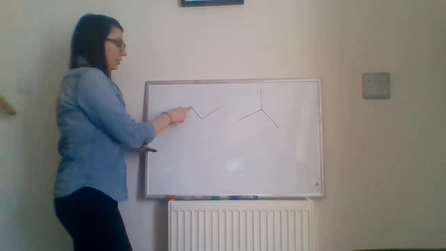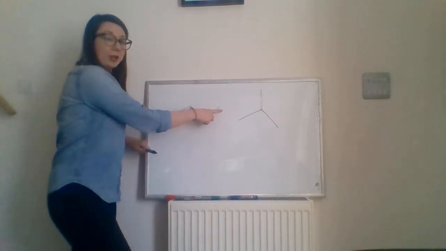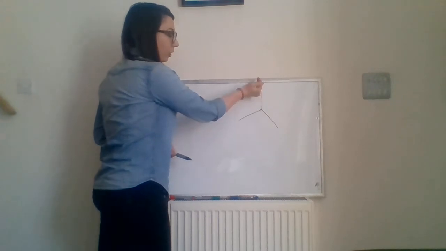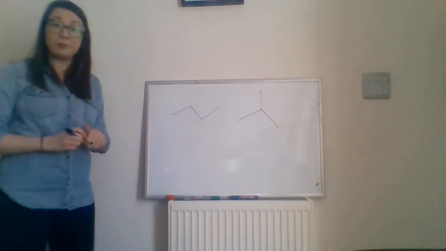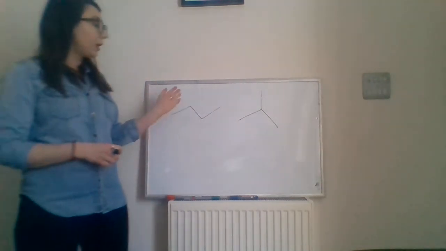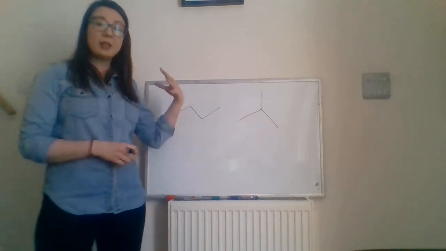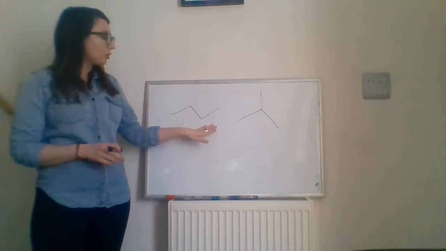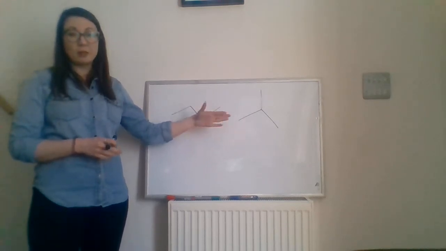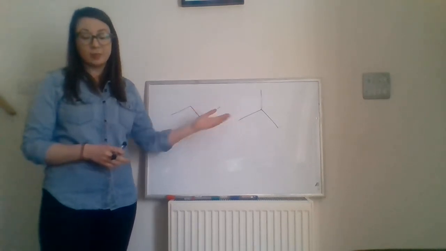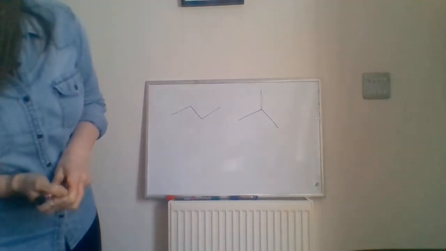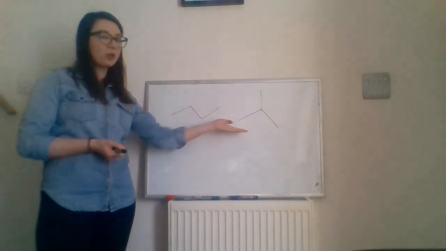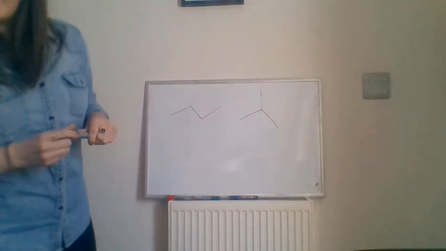So this has 1, 2, 3, 4 carbons in a row, and this has 1, 2, 3 carbons in a row, and a branch coming off to include the 4th carbon. Same number and types of atoms, different molecules, different structures, and these ones are called your linear or your branched types, and they're types of chain isomer because you can have the linear chain version or the branched version.